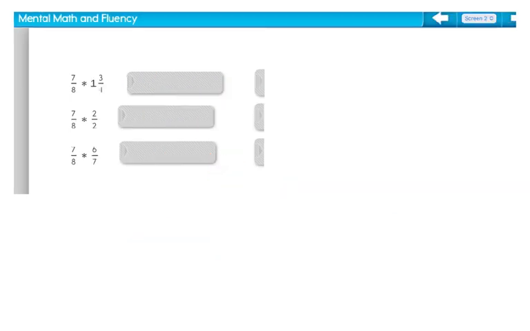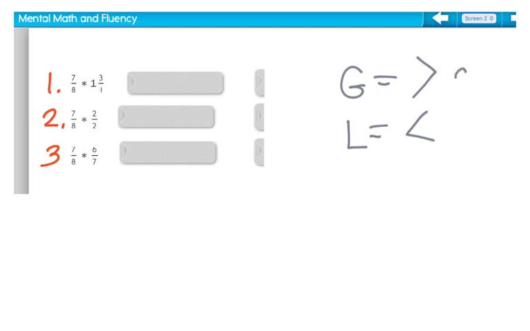All right, go ahead and erase your whiteboard. Let's try this again. All right. 7/8 times 1 3/4. Again, G for greater, L for if it's going to be less than, or equal sign if it's going to be equal to.